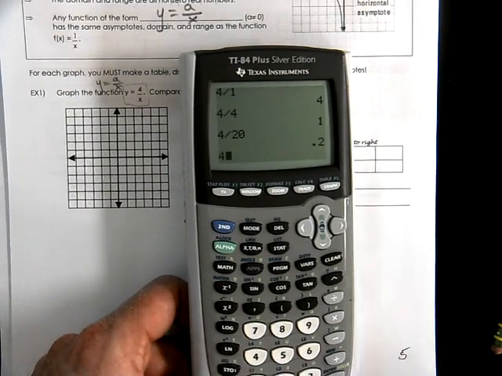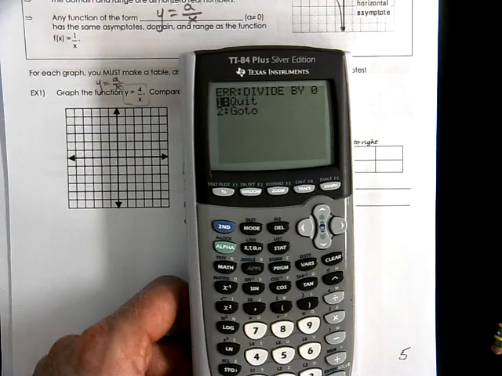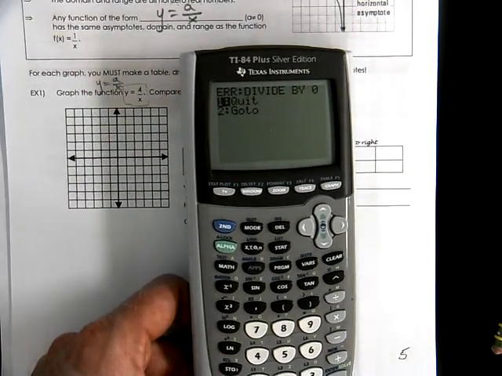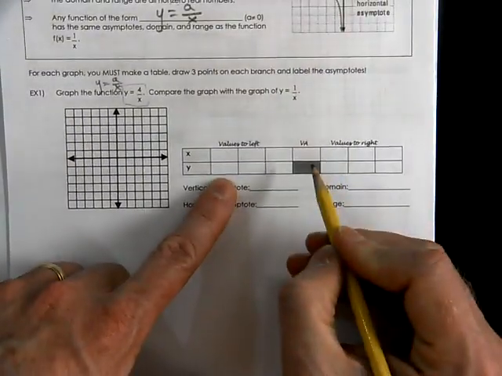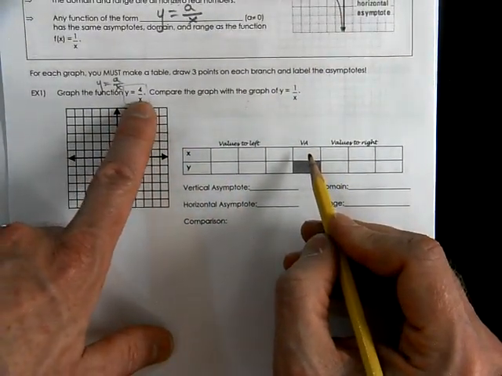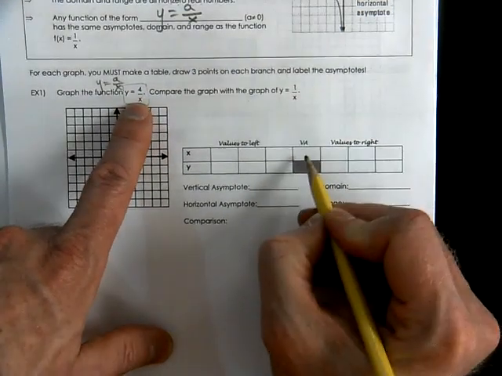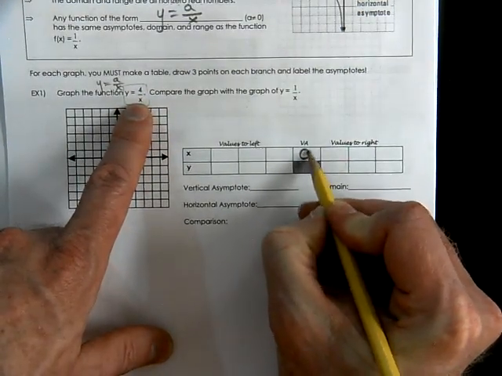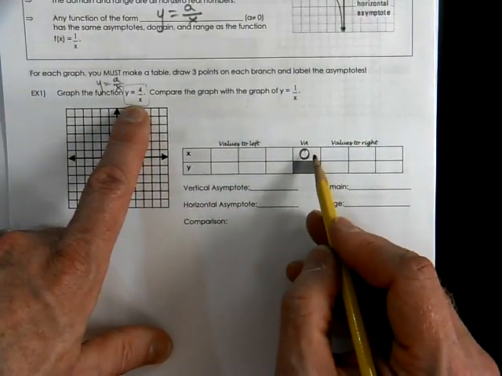What can't we divide it by? You cannot divide it by 0. You'll get an error every time. Can't divide by 0. So that's called your vertical asymptote. Whatever makes the denominator, listen to that, whatever makes the denominator 0. 0 makes the denominator 0. That seems silly, but of course it is.